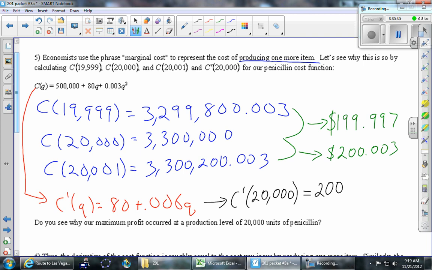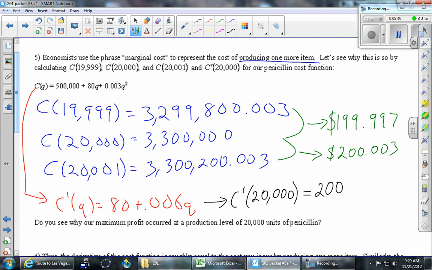And that was darn close to the actual cost of producing the 20,000th unit of penicillin. Pretty darn close. So it wasn't perfect because the derivative changed a little bit between 20,000 and 20,001. It changes a tiny bit all the time. So again, marginal cost is supposed to represent the cost of producing one more item. So the derivative of cost is how much it will cost you to produce one more item.